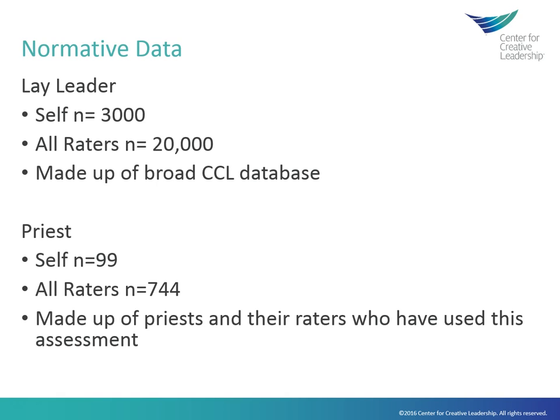So about 199 people specifically, 744 of their raters. Right? They're both valid tools. They're just using different normative comparisons. Once we get enough lay leaders in our database, we could also offer a lay leader normative base as well. But for now, lay leaders compared to CCL participants, priests compared to other priests.